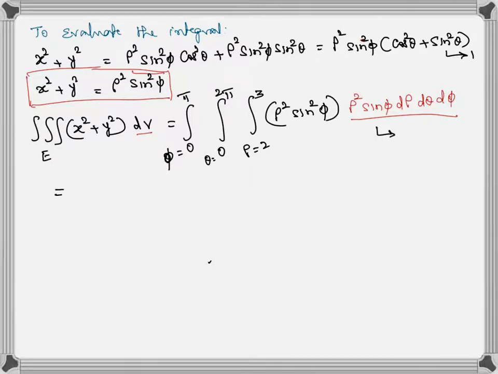Now all these functions are separable, so we can separate them: one for phi, one for theta, one for rho.